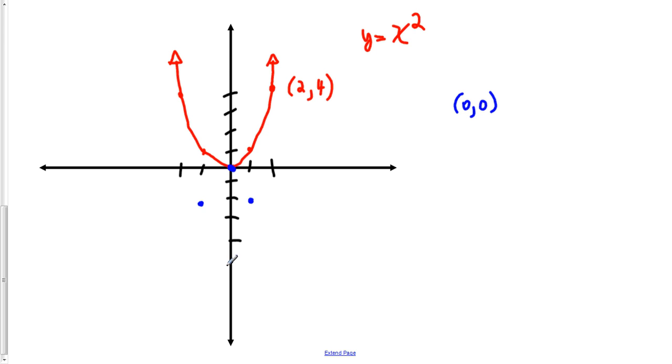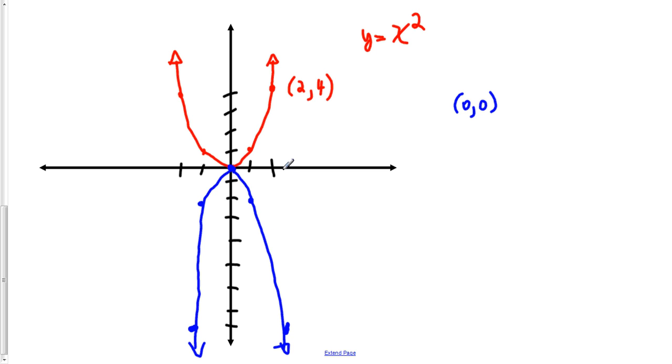So I need 5, 6, 7, 8. So I go to (2, -8), which is down here. And once again, because of symmetry, I have another point over here at (-2, -8). So I have this on this side, that's half of my U, and this on the other side, that's the other half of the U.